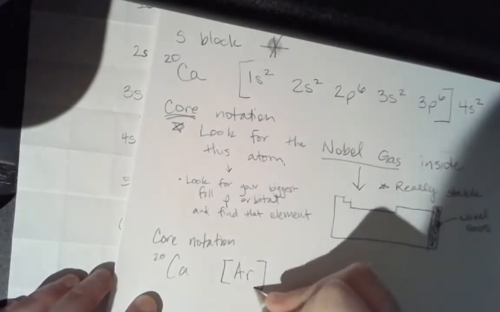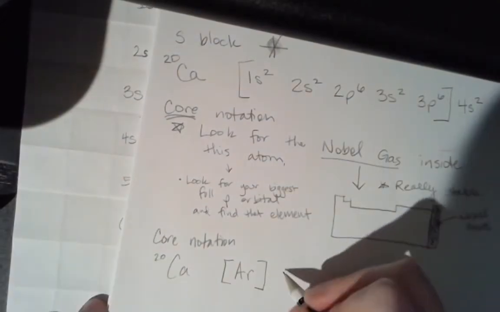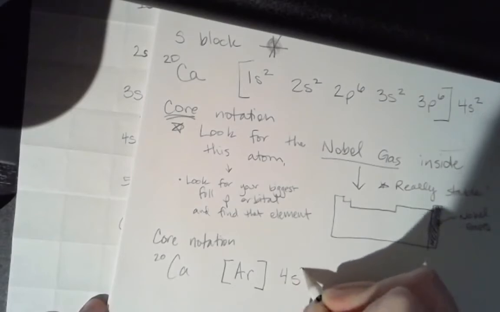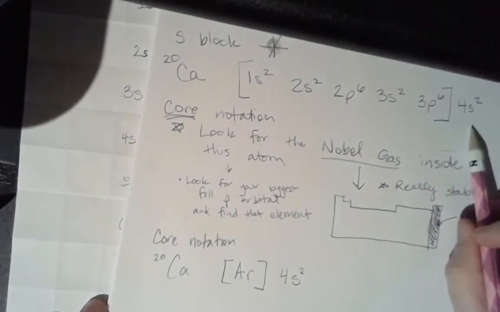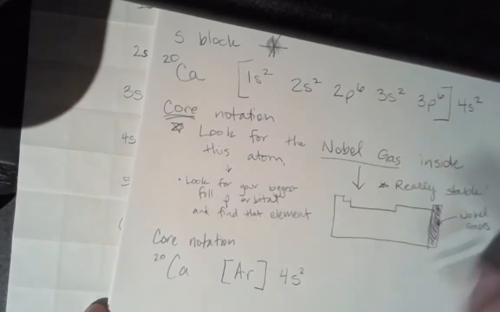And we can just put that argon in a little brackety box. Who knows why? Goes in a little box. And then on the outside, write everything after. So in this case, calcium's in the S block. We've just got some S stuff after. If there's a whole bunch, find the noble gas inside.